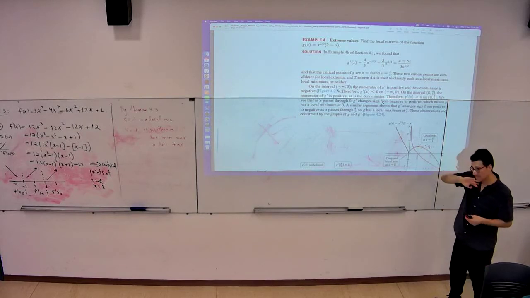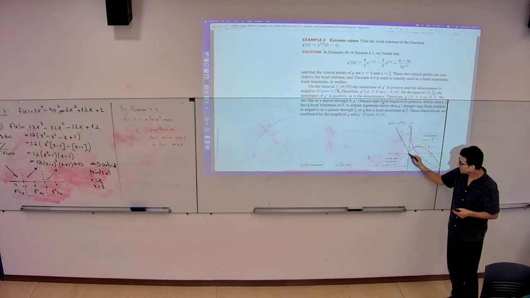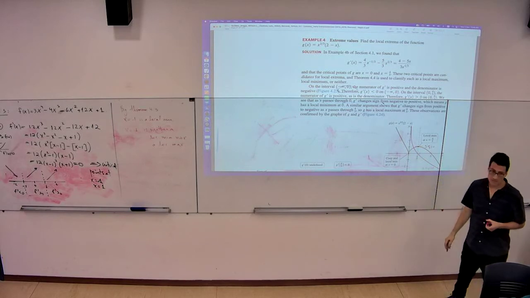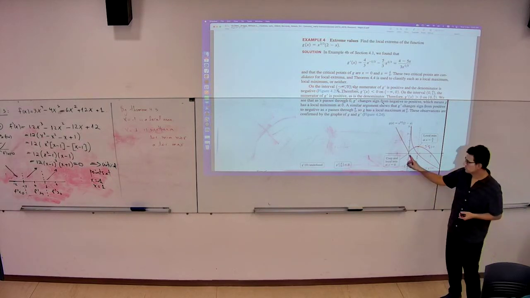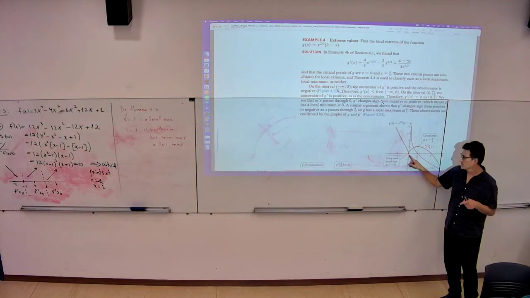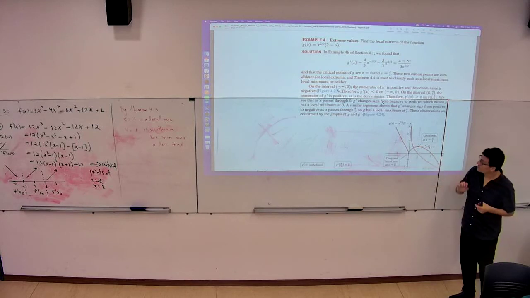The tangent is flat at that point. And then we have a cusp at 0. This function is not a polynomial, so it's not smooth. It may not be differentiable at certain points. Well, at 0, the function is not differentiable. We find here the cusp.